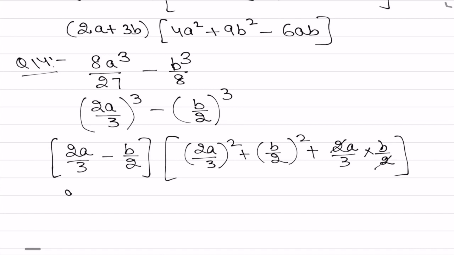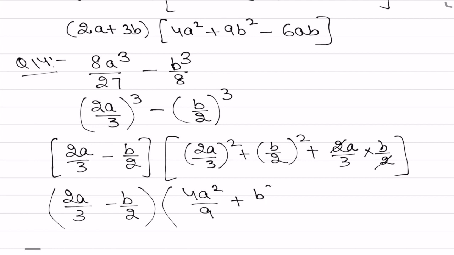Now 2a upon 3 minus b upon 2 is the first factor and the second factor is 4a square upon 9 plus b square upon 4 plus ab upon 3. So these two are the factors of the given expression.